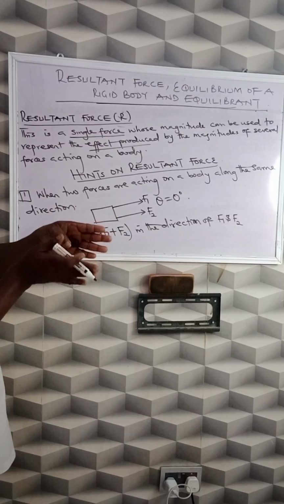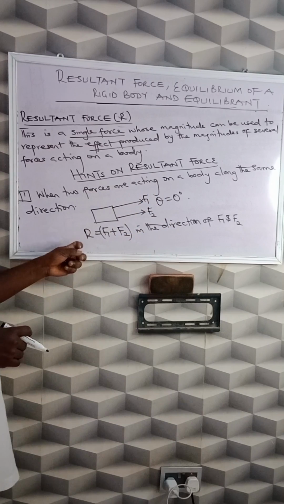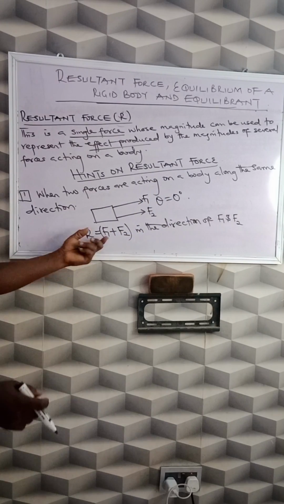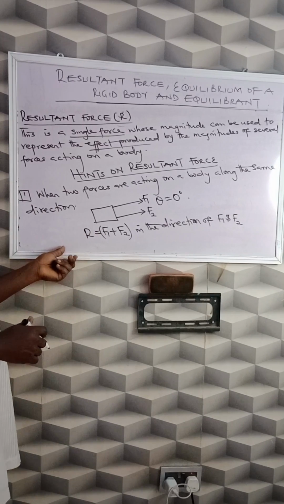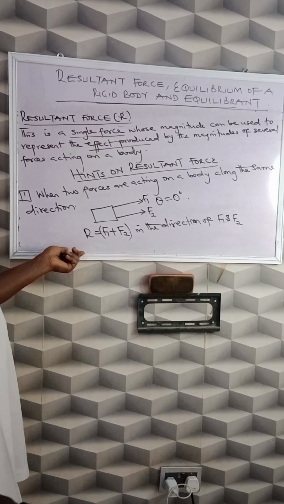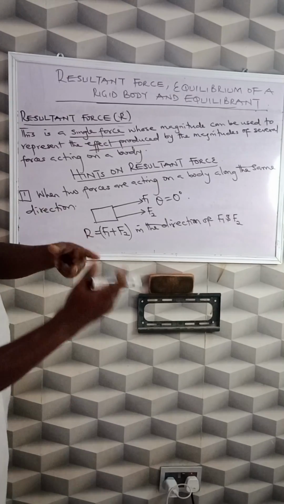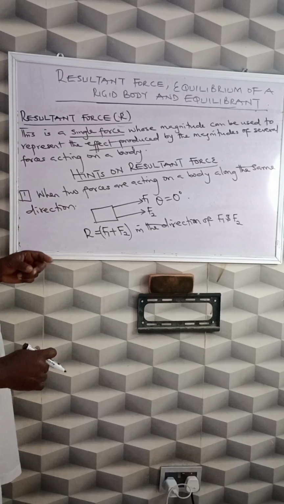To calculate the resultant, you are going to use algebraic sum. They must be added together. It must be noted that when two forces have the same value throughout, you are just changing the angle. So the two forces will produce the maximum resultant when the angle between the two forces is 0 degrees.